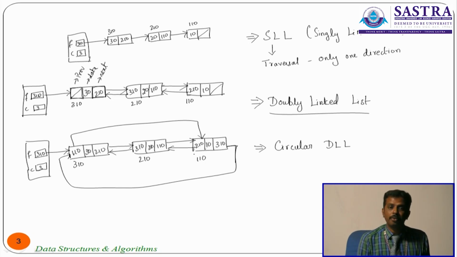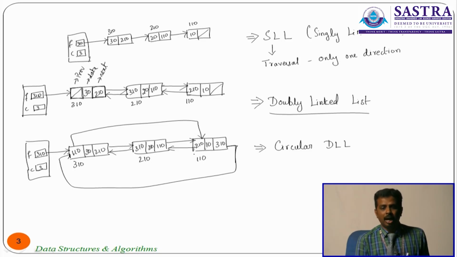So this is one more advantage of the circular doubly linked list, but the implementation is a little bit difficult compared to the singly linked list and doubly linked list, because during insertion or deletion we have to make sure that all the fields are updated or not.